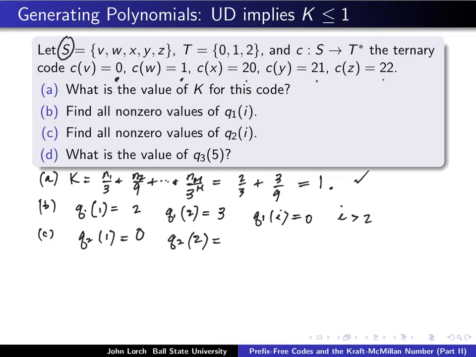If we put a V, for instance, together with an X, the coded message is 0 2 0, and that coded message has length longer than 2. So we see really that there are 4 ways to get an encoded message of length 2 from an original message of length 2. That would be encoding VV, VW, WV, and WW.